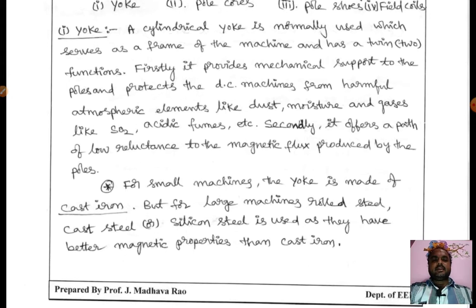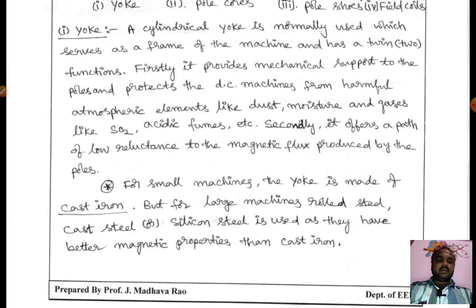Next, it functions for two things. Firstly, it provides mechanical support to the DC motor, and secondly, it provides a low reluctance path to magnetic flux. So reluctance is low and magnetic flux will be produced more.